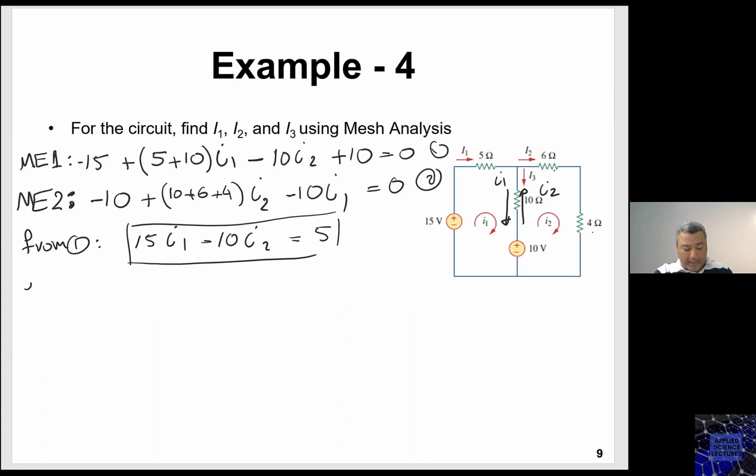Then from 2, I have minus 10 I1 plus 20, right?